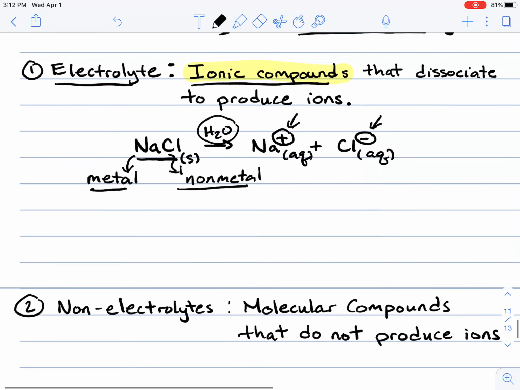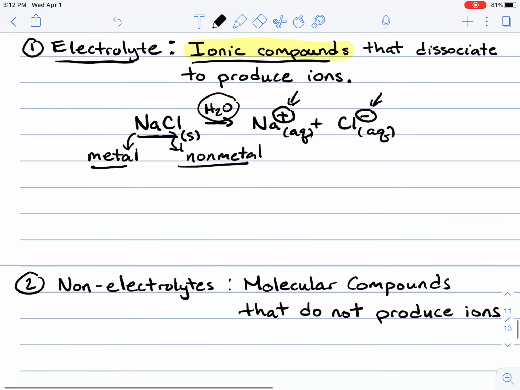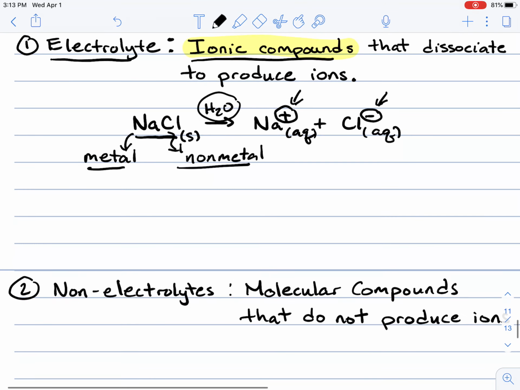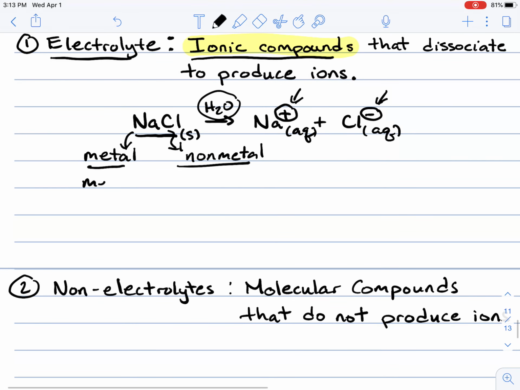Other variations of ionic compounds that you might run across are, for example, metals to polyatomic ions. An example would be potassium nitrate.